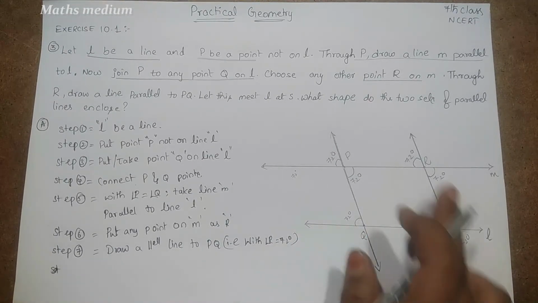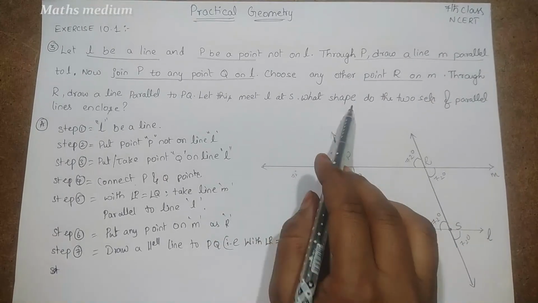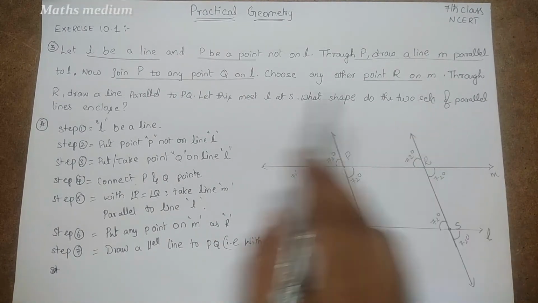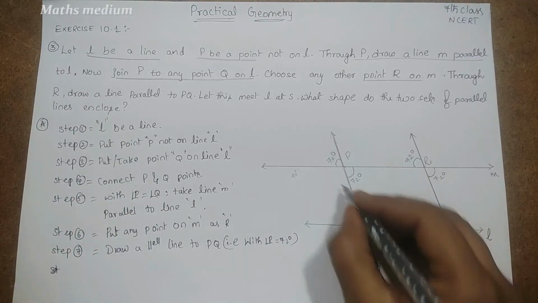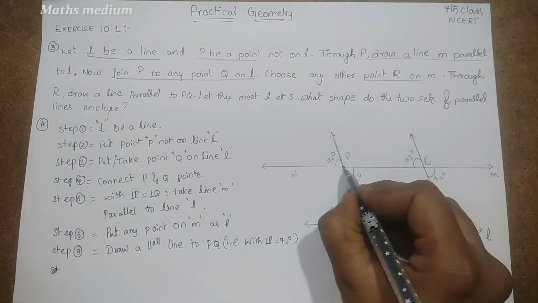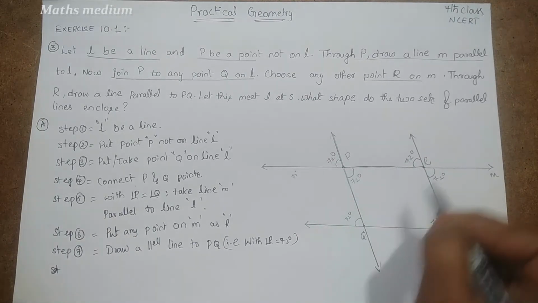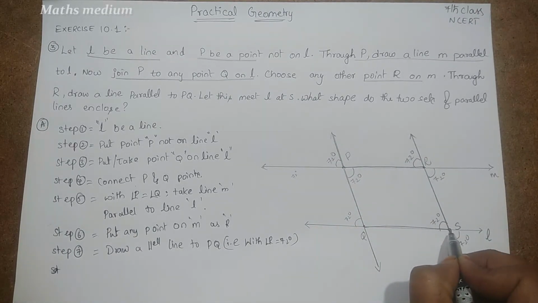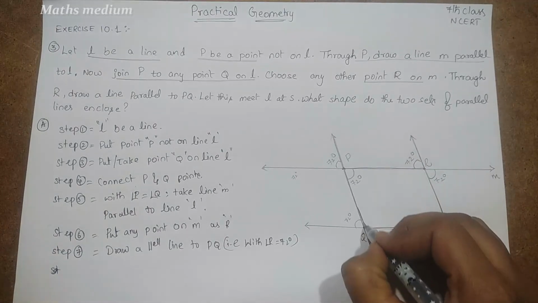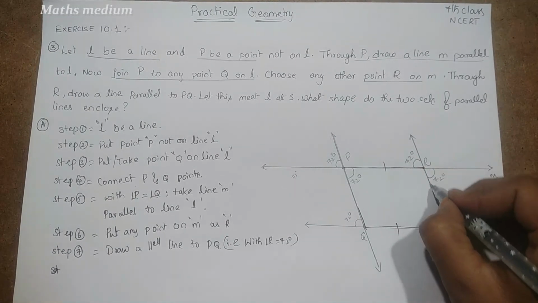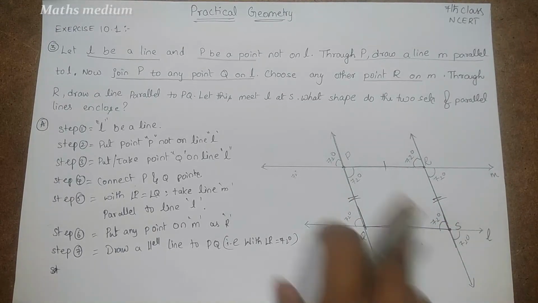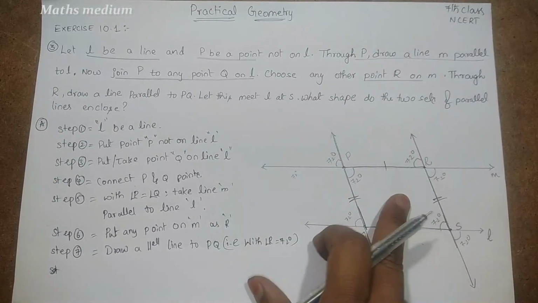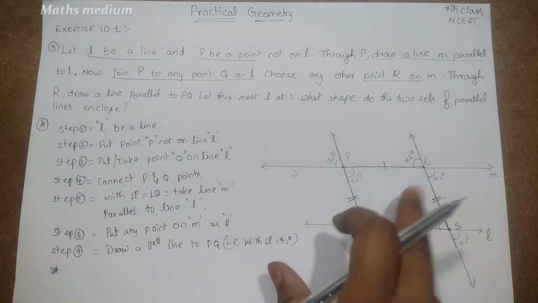Now see, the construction is over. What shape do the two sets of parallel lines enclose? So these are two sets of parallel lines. See, this is one set and this is the other set. What shape do these two sets of parallel lines enclose?